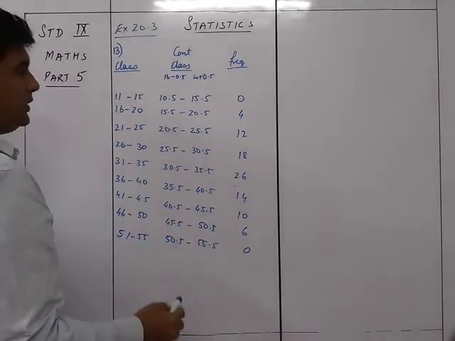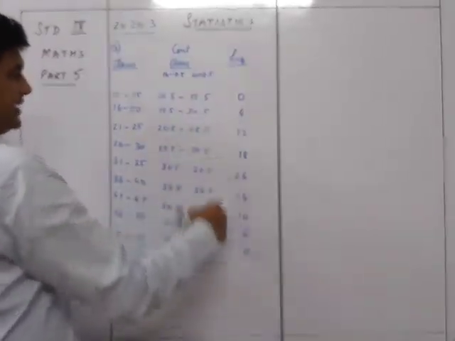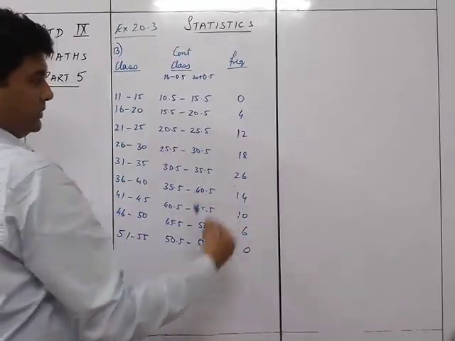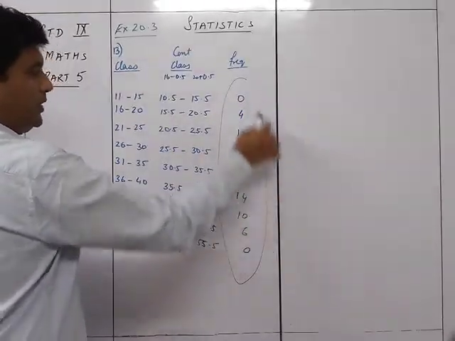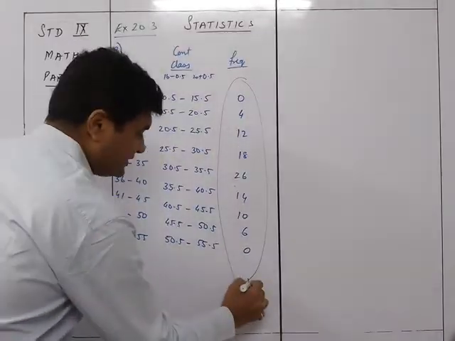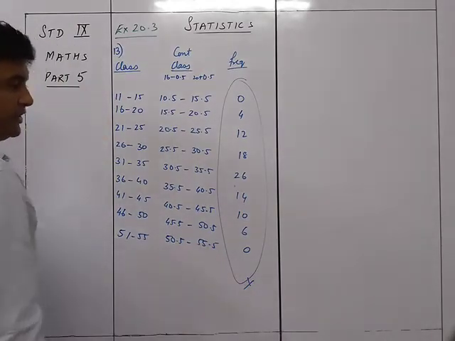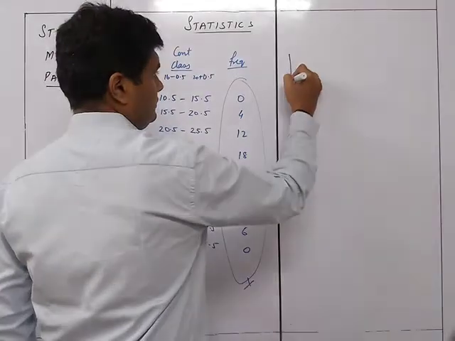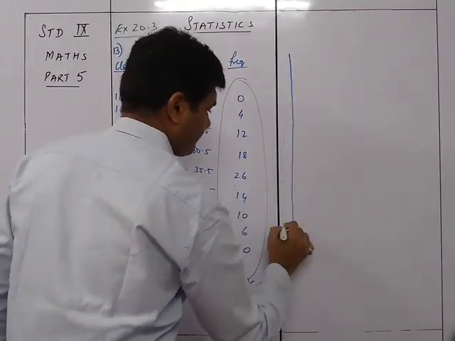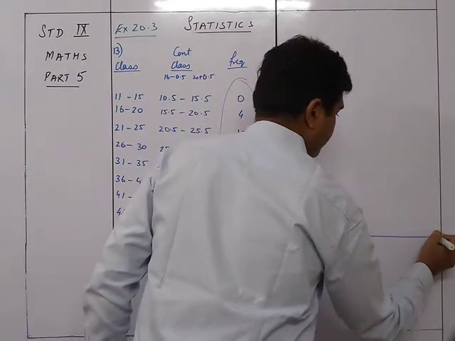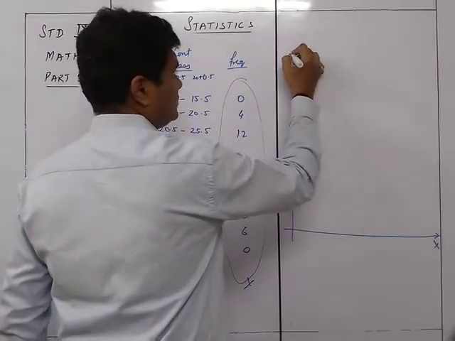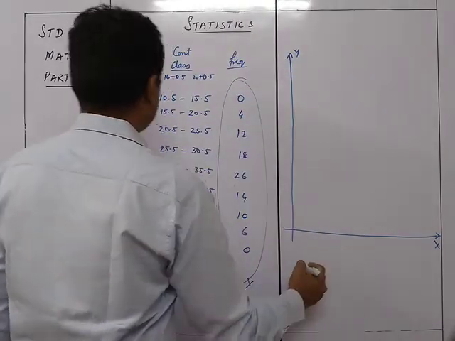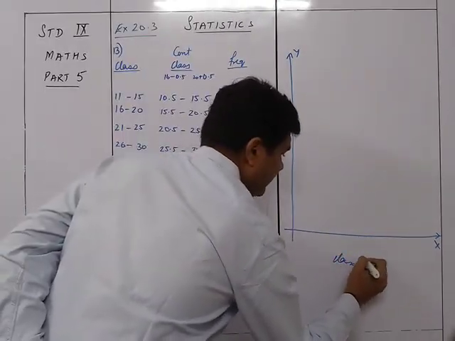So I am going to plot over here the midpoint of this thing and these values over here. These values over here will be my values on the y-axis. X-axis will be the midpoint of this thing. So let's see the graph first. This is x-axis, this is y-axis. Over here is the class interval.